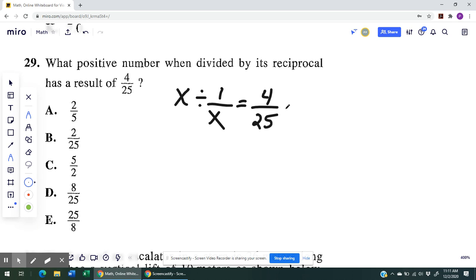And I can, of course, write x as x over 1. Now, to turn this into a multiplication problem instead of division, I use the mnemonic keep, change, flip.